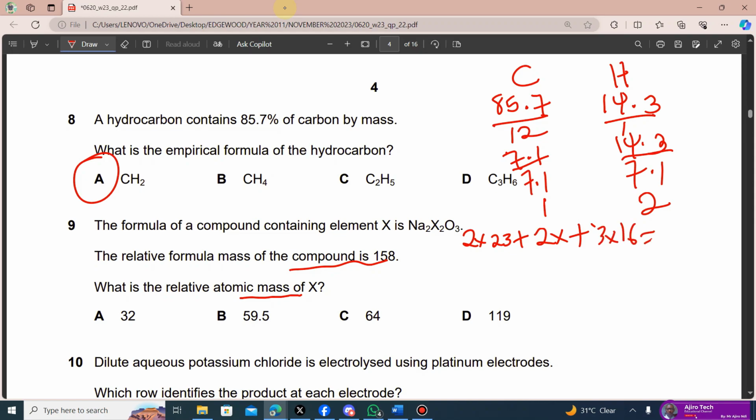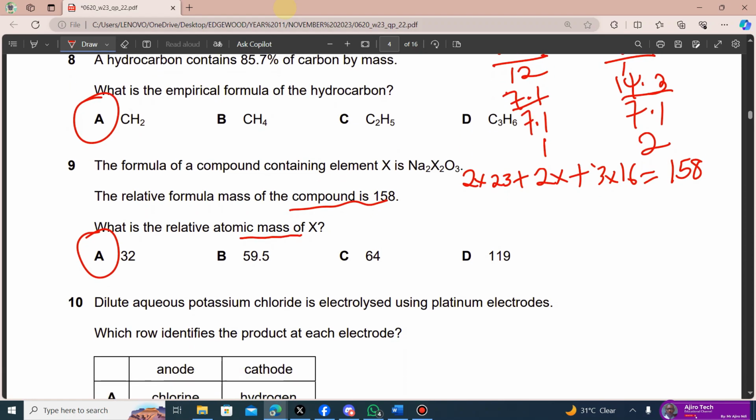And everything should sum up to the formula mass of the compound itself, which is 158. Because of our time, please look for X here by simply computing this, collecting like terms, and you find X.